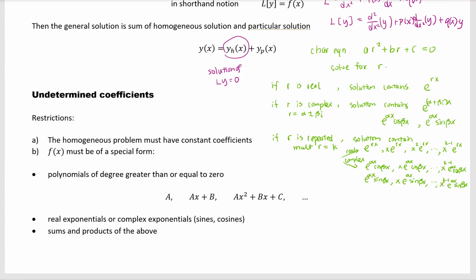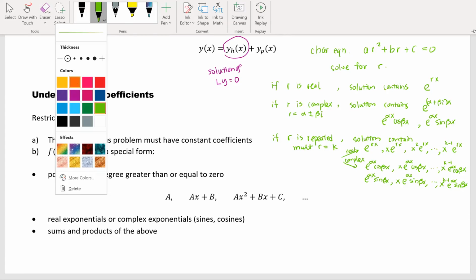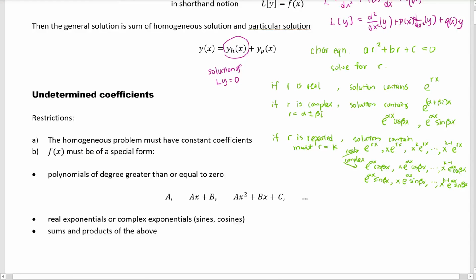Okay, so you can think of a polynomial as corresponding to r equal to 0, right? Because if r equal to 0, what does the solution look like? The solution looks like e to the 0x, and that is e to the 0, which is 1.